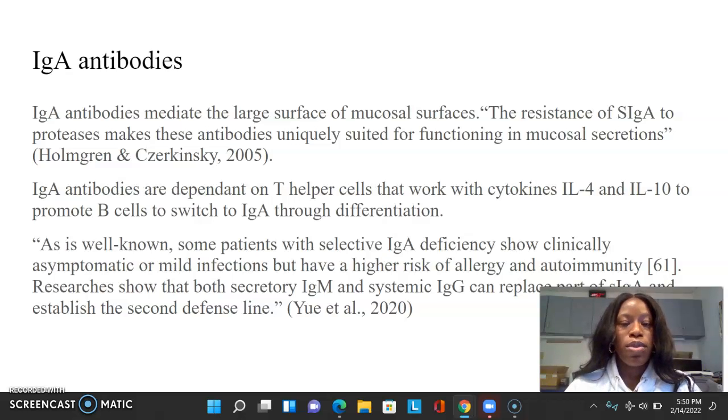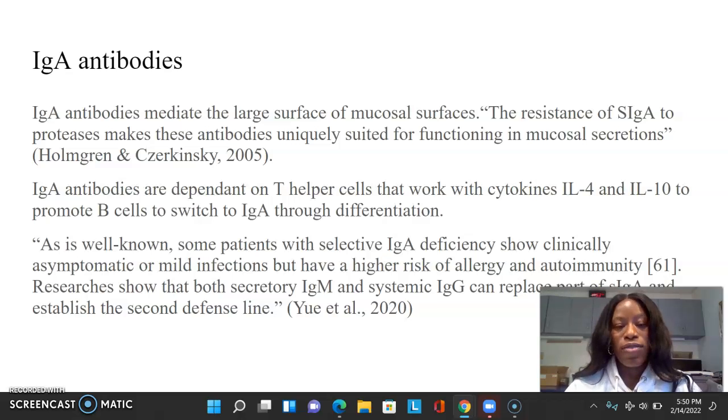This is important because if there's a deficiency, then patients ultimately do not get the protection that they need and are at a high risk of allergy or autoimmunity.